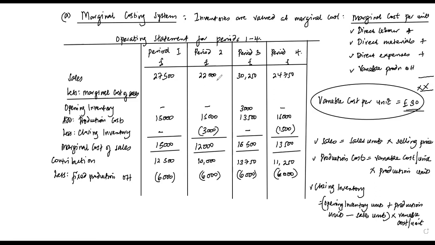So contribution minus the fixed costs. In fact, let us use fixed costs. We don't know whether they are production or non-production overheads, but we have been told the fixed costs per period are 6,000. Now, contribution minus the fixed costs, you get what we call net profit.